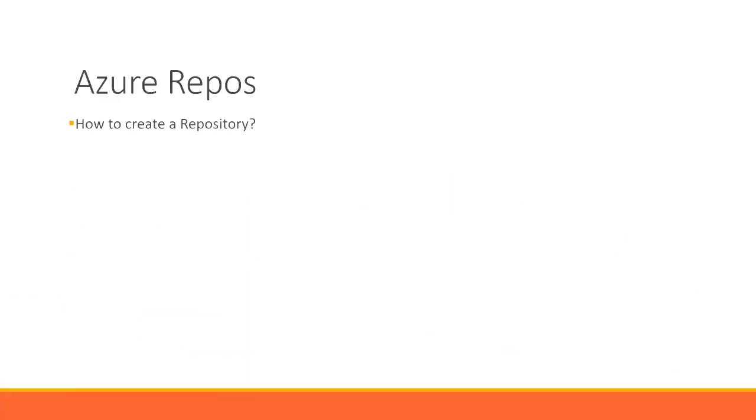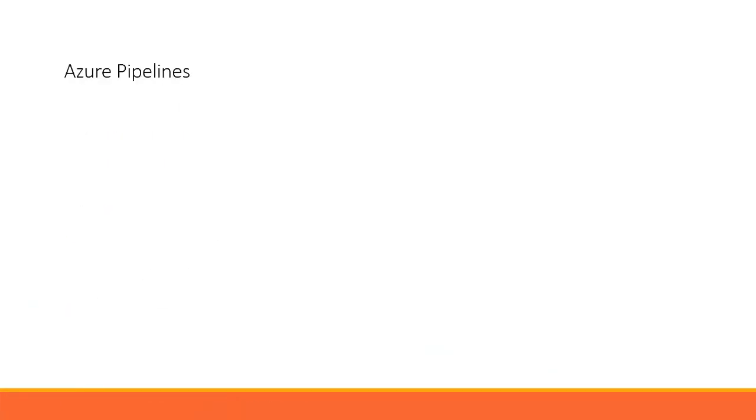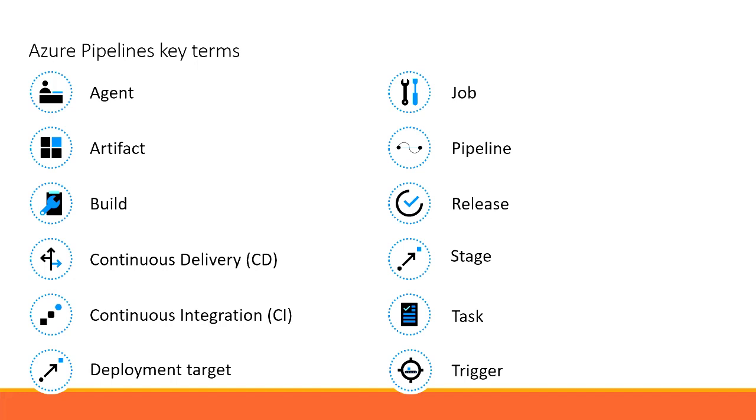In Azure DevOps Repos, what we are going to learn: how to create a repository, how to add a file, how to check out a file, how to commit a file. In Azure Pipelines, what we are going to learn: how to create a build pipeline, how to create a release pipeline. There are some important terms when you talk about Azure Pipelines. I will explain those terms as they come up during the creation of the pipeline.